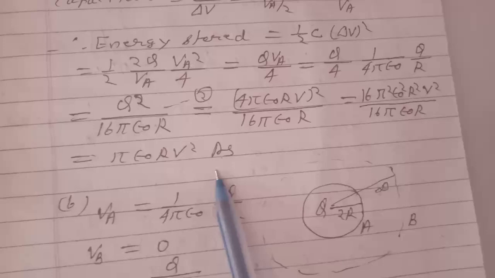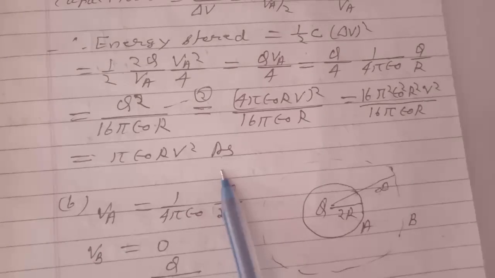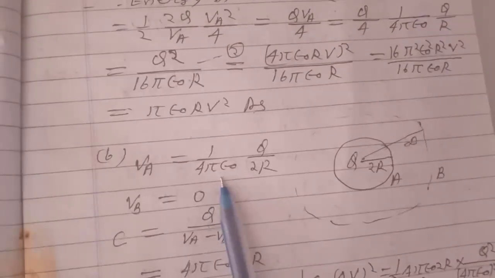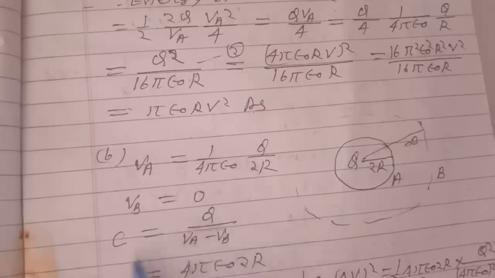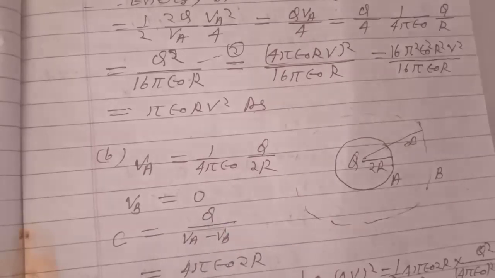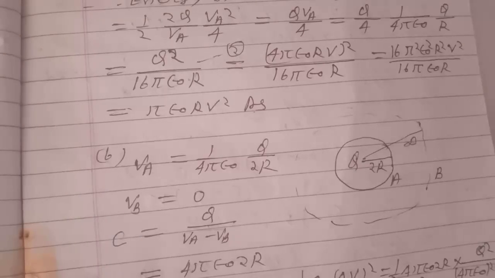Now part B. VA equals 1 by 4 pi epsilon naught Q by 2R, and VB equals 0, and C will be Q by VA, which is 4 pi epsilon naught into 2R.